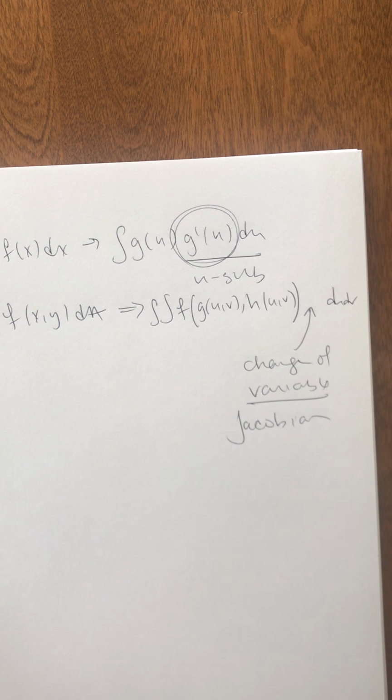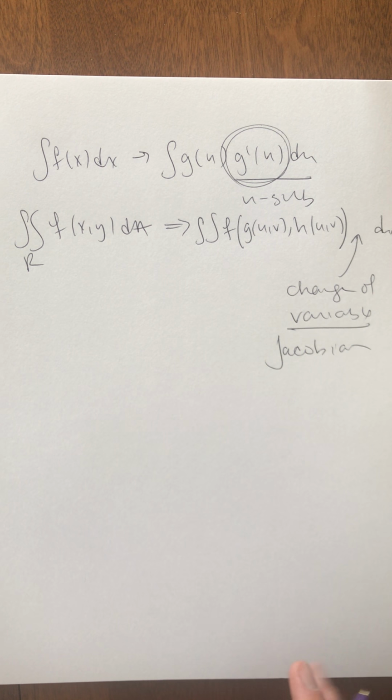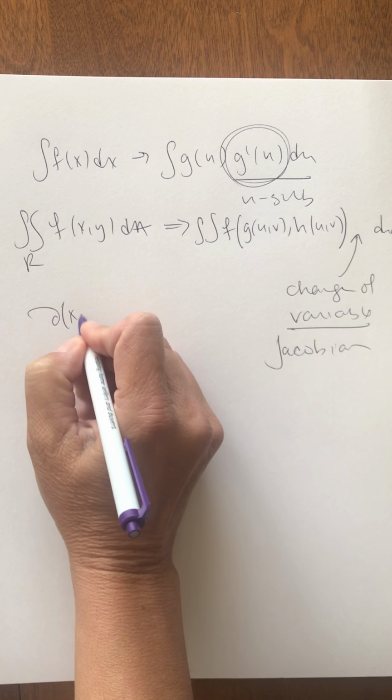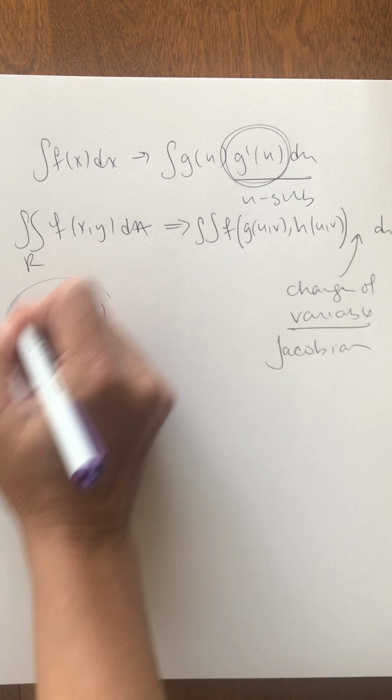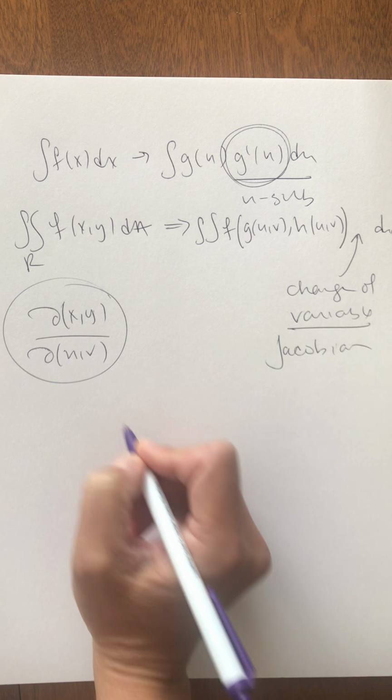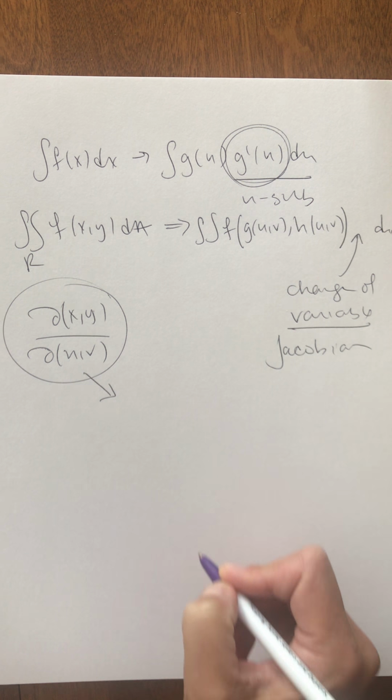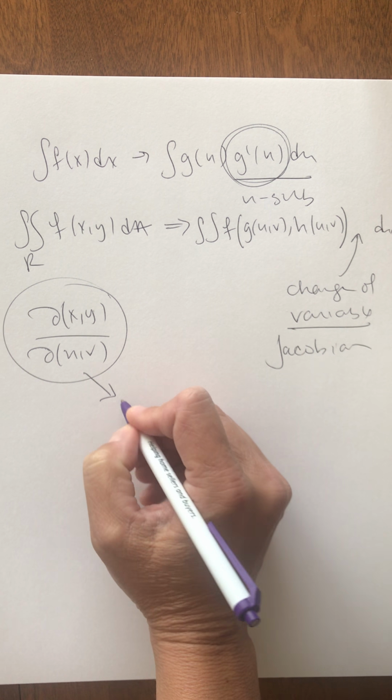And so as you hopefully saw yesterday, the way we're going to find our Jacobian is that we're going to take the partial derivative of x, y over the partial derivative of u, v. And the best way to do this is, of course, to put it in my favorite thing, because I'm terrible at memorizing, in a matrix.